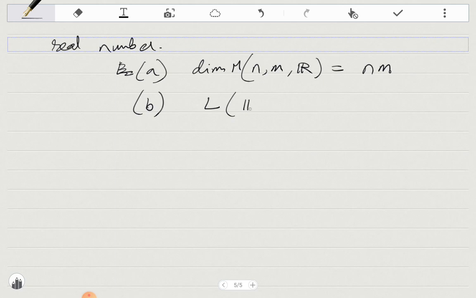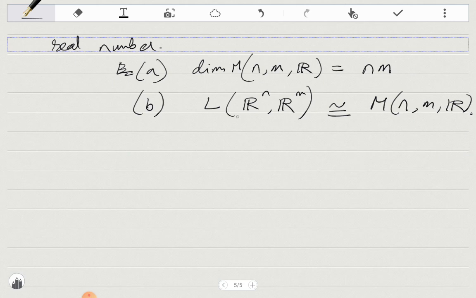The second thing is that L(Rn, Rm) is isomorphic to M(m, n; R) as a vector space. Isomorphic, of course, here just means that there's a one-to-one onto linear transformation from L(Rn, Rm) to M(m, n; R).